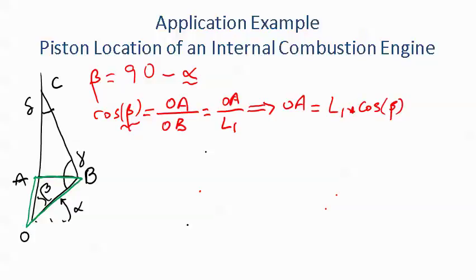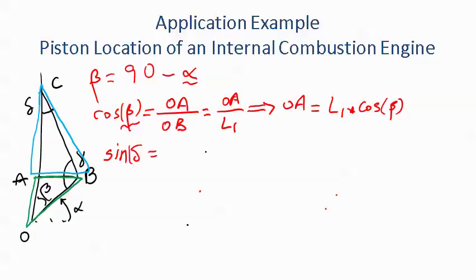The next step is to use triangle ACB to find distance AC. So if we take now and utilize angle delta, let's find out the sine of this angle delta.